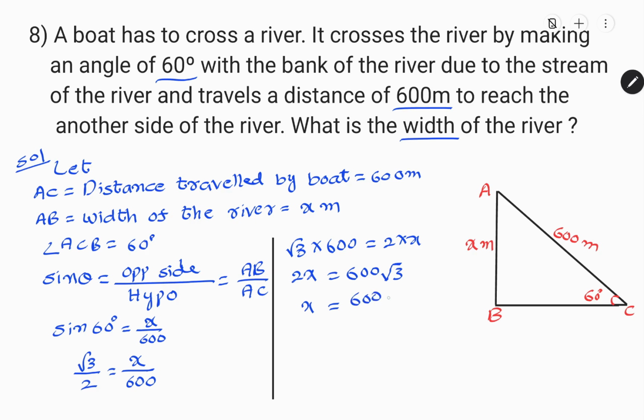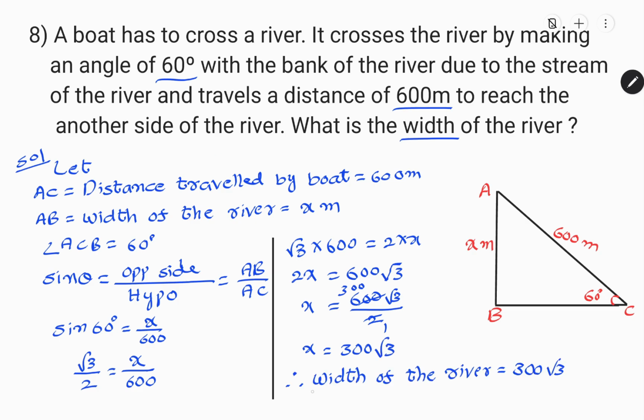Then 600 root 3 by 2. 2 is multiplying x now. Now if we transpose from LHS to RHS, it will divide. Now cancel. 2 1 ja, 2 300 ja. X is equal to 300 root 3. We found width of the river is equal to 300 root 3.